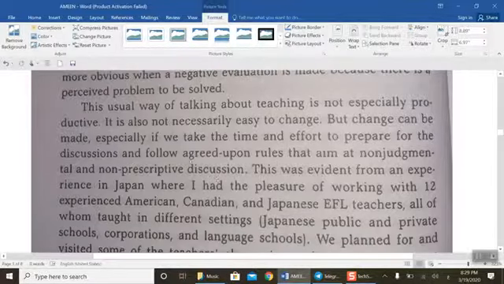The writer will talk about this point: what is non-judgmental and non-prescriptive discussion? He will talk here about his experience.